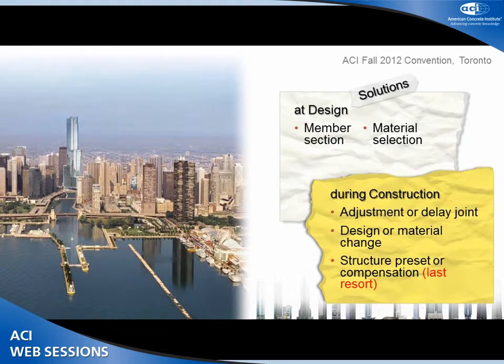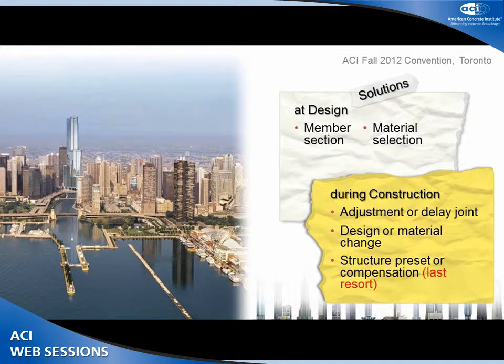The solutions to these problems can be found at design or construction stages. At design and engineering stages, we can design structural members for additional stresses due to the movement, or for equal stress distribution by adjusting sectional dimensions or selecting materials which have appropriate strength and stiffness.